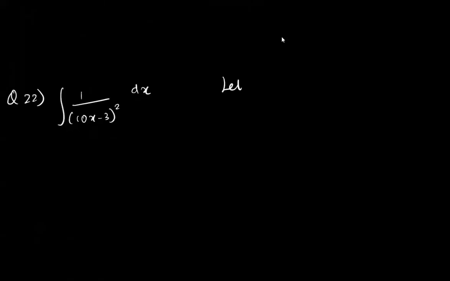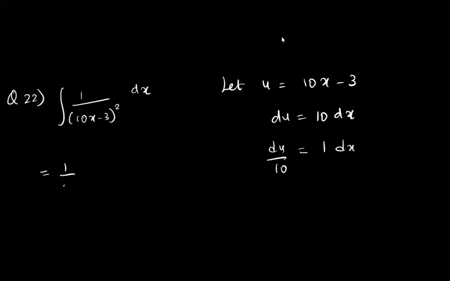So again, here I'm going to make my u 10x minus 3. So my du will become 10 dx. But I don't have 10 dx, I only have 1 dx. Therefore, I divide on both sides by 10. So this can be written as 1 over 10 du over u squared, okay?